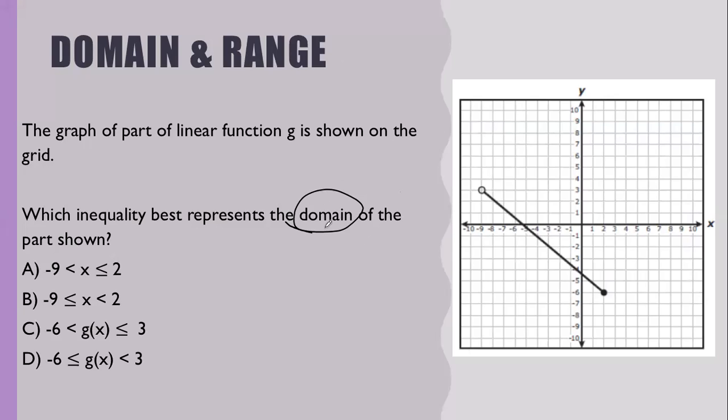So domain are my what values? X values. So it's the leftmost point to the rightmost point. Which answer choices, without even looking at the graph, can I automatically cross out? C and D, because both have g of x, which represents y.